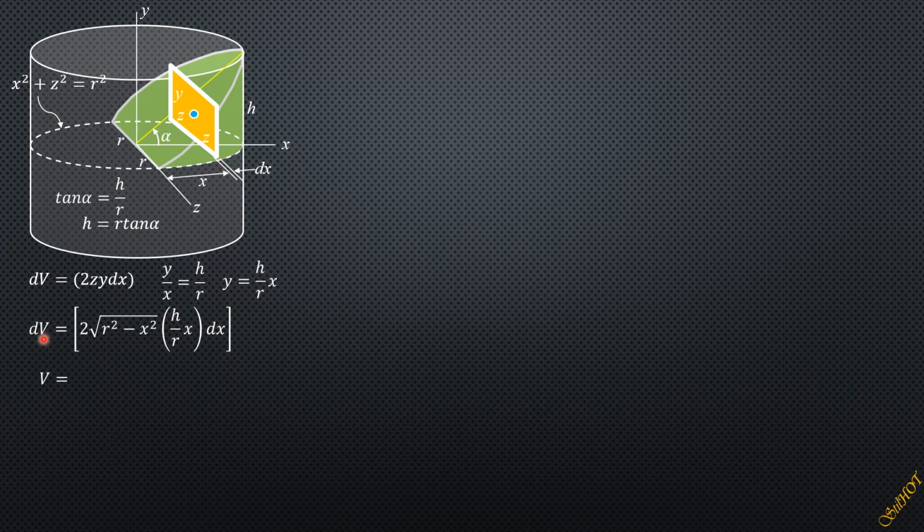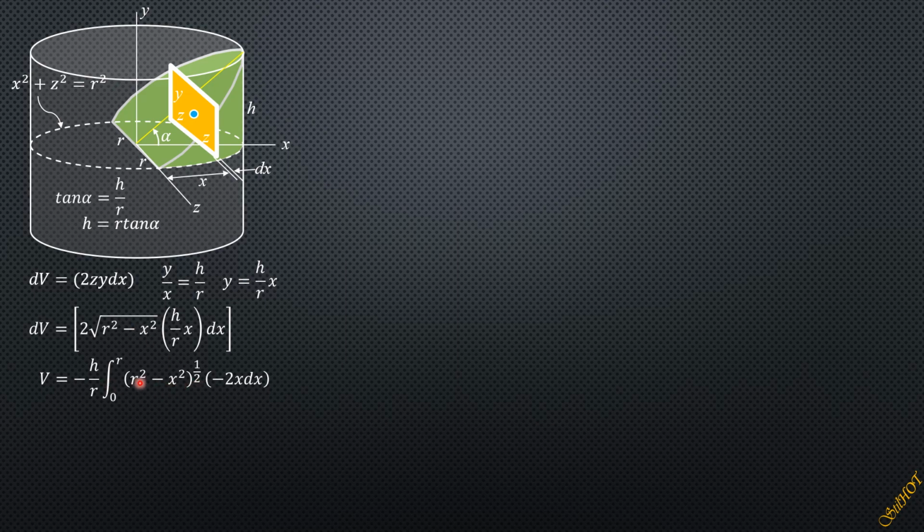Simplifying, volume equals 2h over r. Let's make it negative h over r, then quantity r squared minus x squared to the 1/2, this radical here, then negative 2x dx. So this is the same as that. We have positive 2h over r, negative, negative, so that is positive 2h over r. The purpose of rearranging or transforming the integrand in this manner is so that we can evaluate the integral by the power formula.